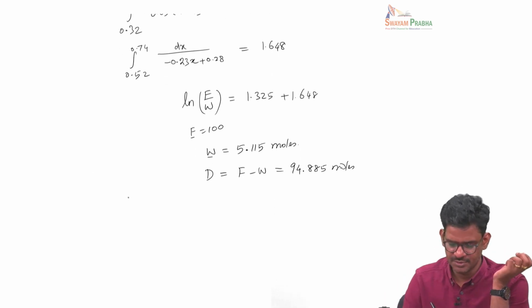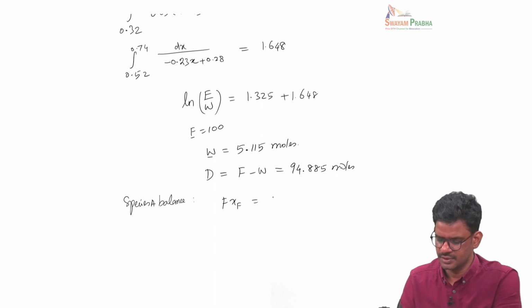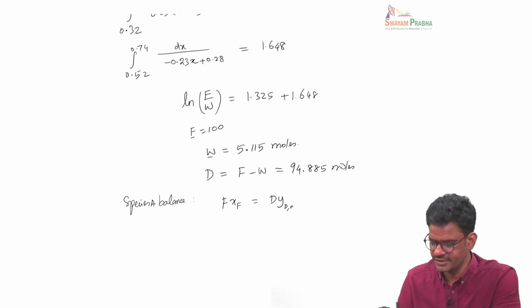So, we write the species balance: F times XF is D times YD average plus W times XW.